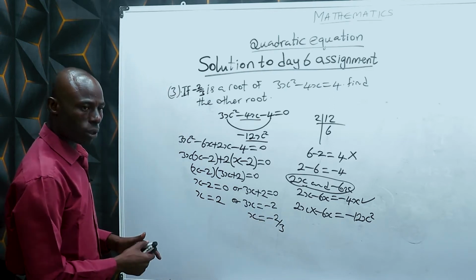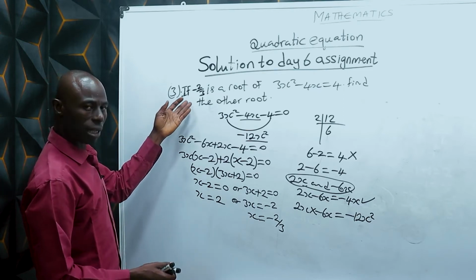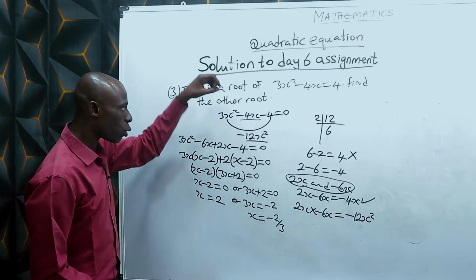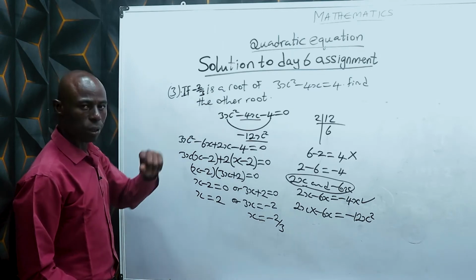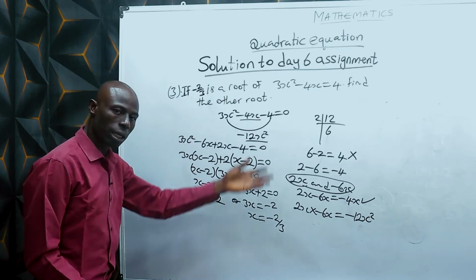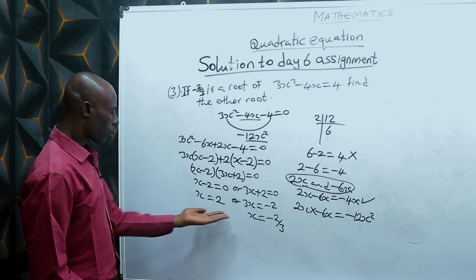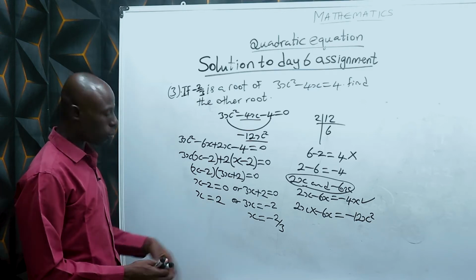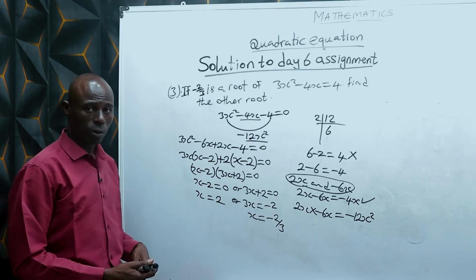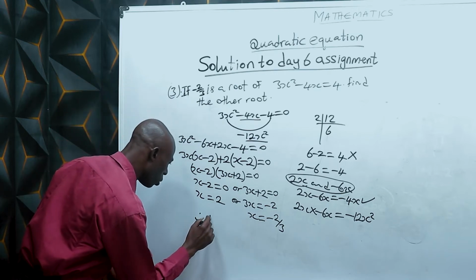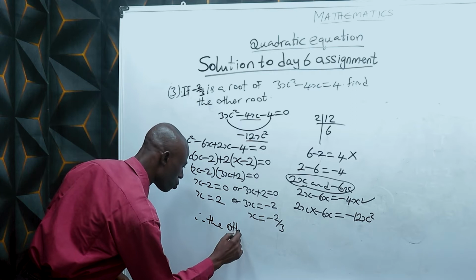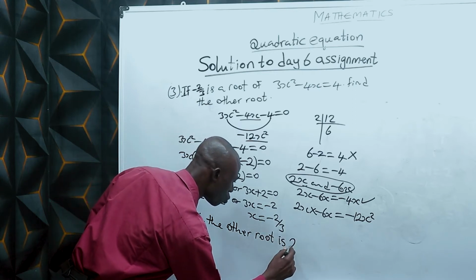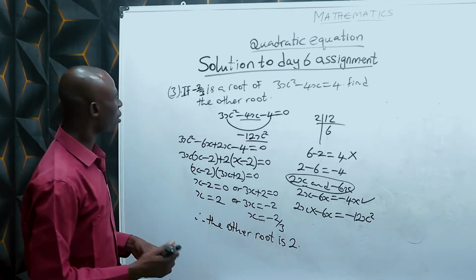Mind you, the question has given us clearly minus 2 over 3 from the beginning, that it is a root of the quadratic equation, and we have to find the other root. So here, out of the two roots, which one is the one demanded? The positive 2, because minus 2 over 3 has been given to us from the beginning. You write, therefore, the other root is 2. That's the end of that.